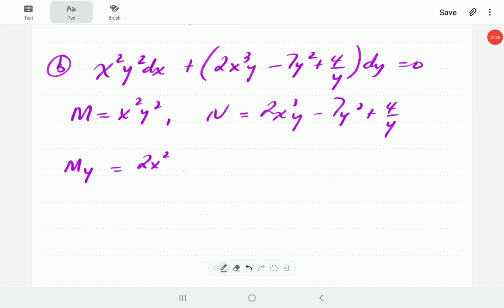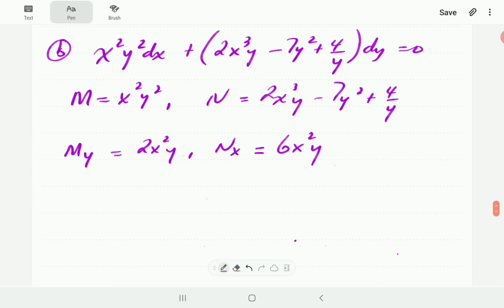So My is going to be 2x squared y. Nx is going to be 6x squared y. And since those two are not equal, it means this ODE is not exact.